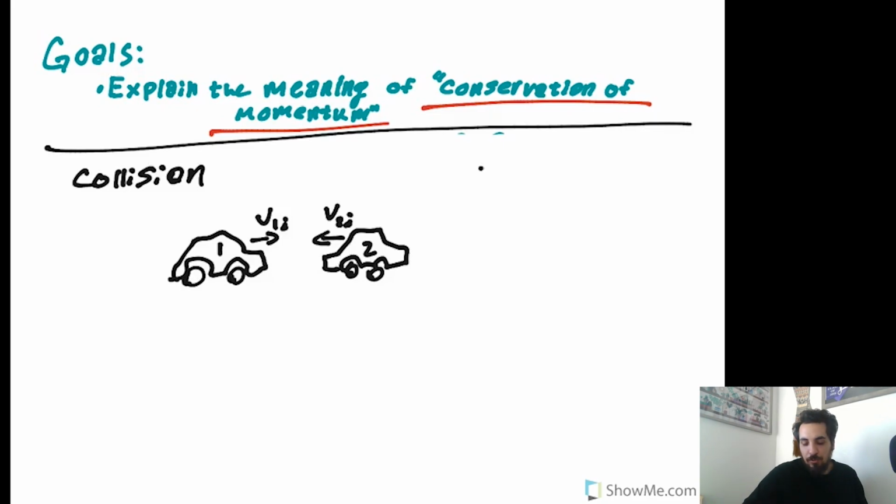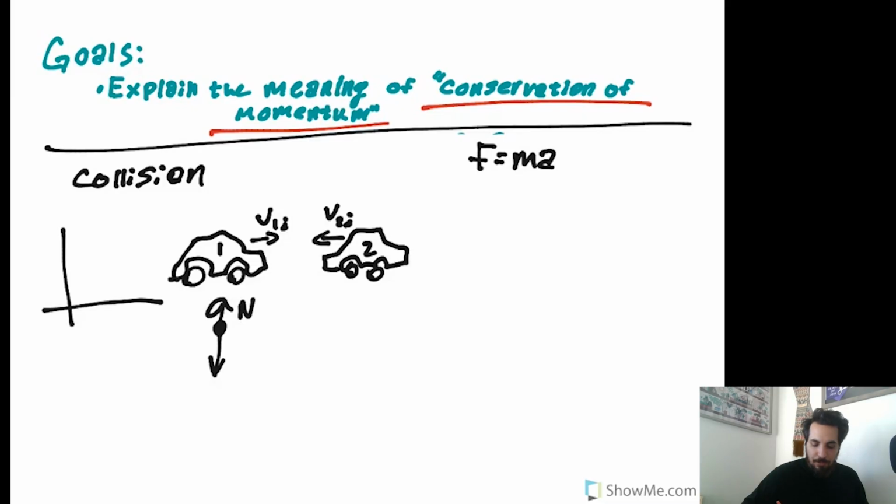You might go to Newton's second law, F equals ma. And that was a wonderful tool if we knew what the force was. But here the problem is with a collision, and you've actually seen this behavior before in lab. If we were to look at the free body diagram for car 1, we would have, of course, the normal force going upwards, the weight going downwards, but you would also have here a force of car 2 on 1.